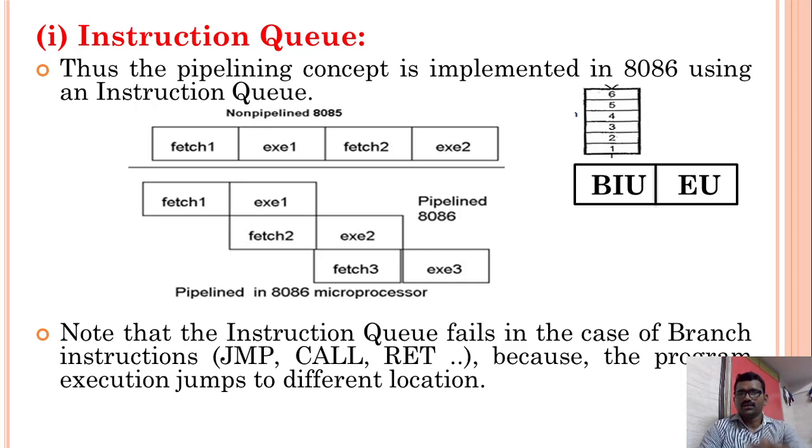At that time, the fetched instructions stored in the queue will be cleared, and the bus interface unit starts fetching the instructions from the new address location. So at that time, the processor takes more time.